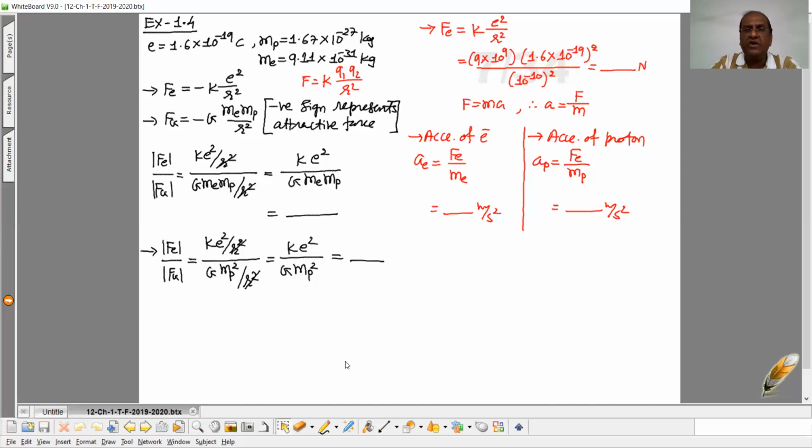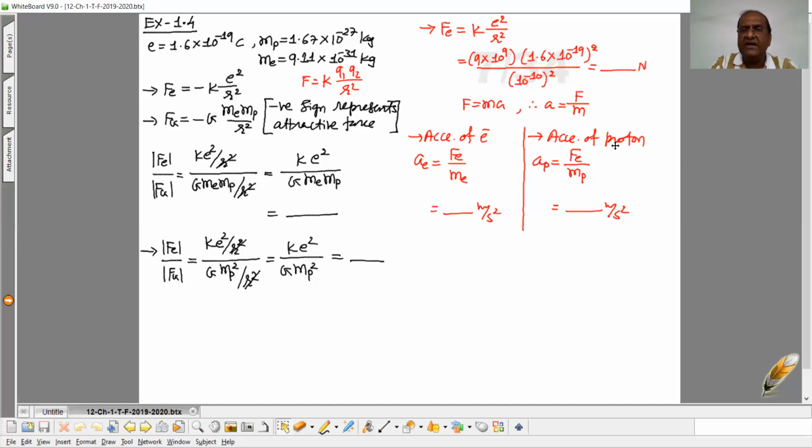To calculate the acceleration produced in the electron, the force on the electron is the electric force, so simply Fe upon mass of electron. Now substitute the value of Fe calculated here. The mass of electron is given to you; calculate and you will get the acceleration of electron.